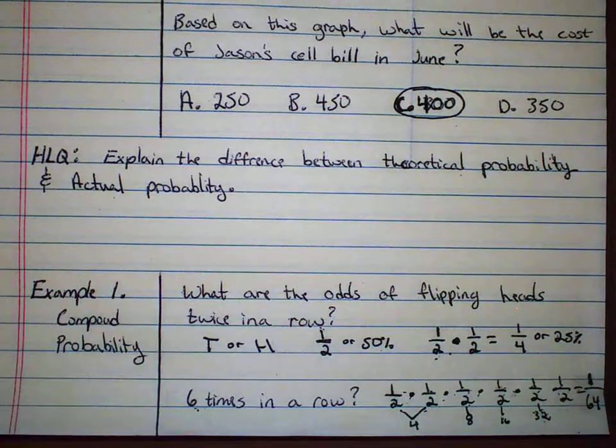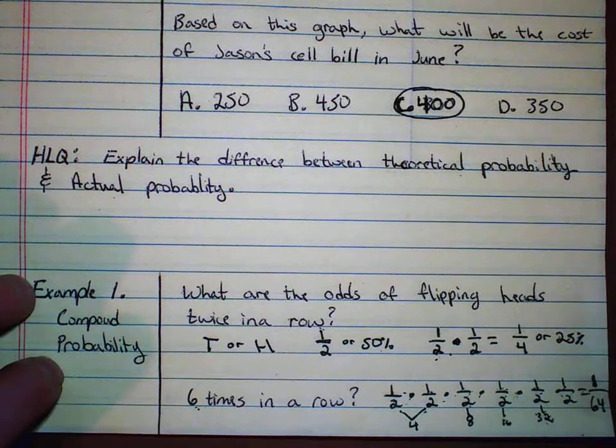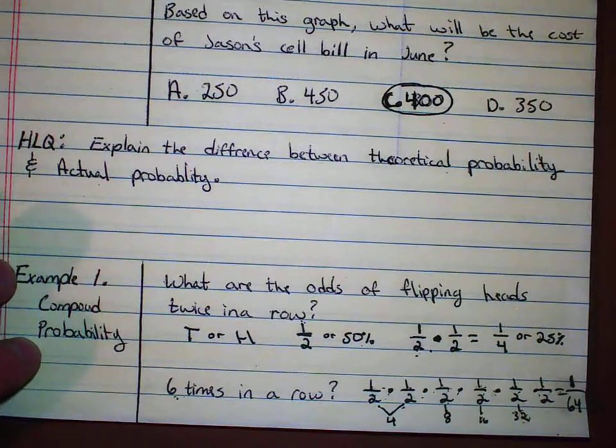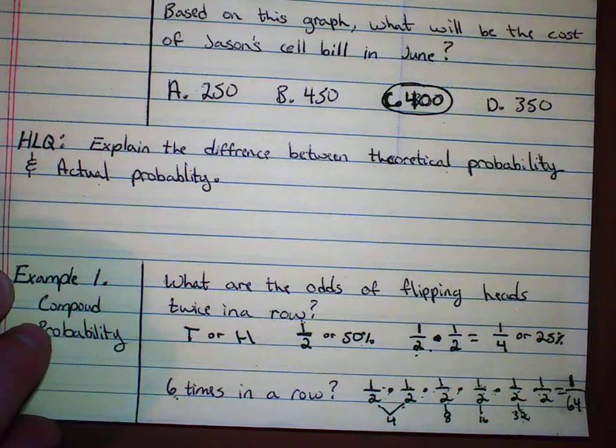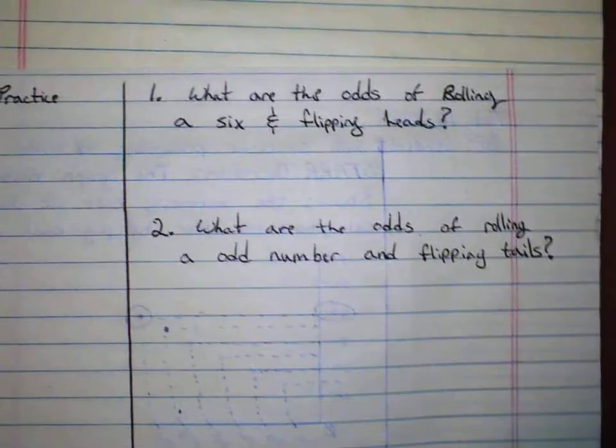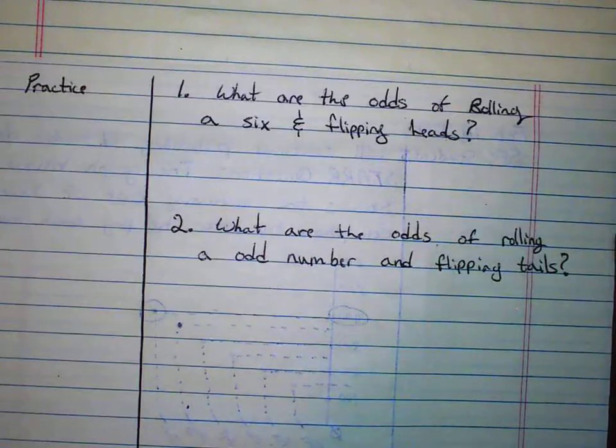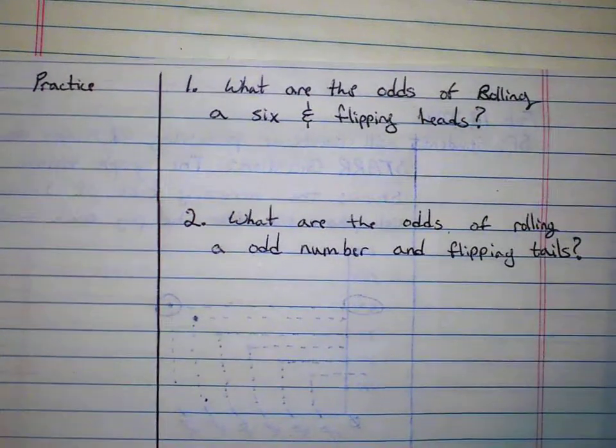For me to do this 6 times in a row, I have the chance of doing it 1 in 64 times. That means I have the ability to do it once out of 64 times. That's what probability tells me on this problem. This is a pretty simple idea of what we've got going on.